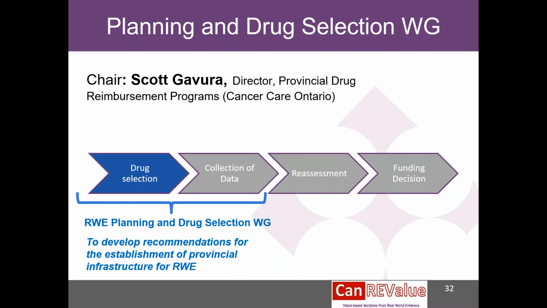So the focus of this group is to develop recommendations to establish provincial infrastructure for real-world evidence, and also to establish some criteria, if you will, about how to select a drug or a project for RWE using provincial population-based data sets in a systematic way. And Scott Gavura from Cancer Care Ontario is leading this group.